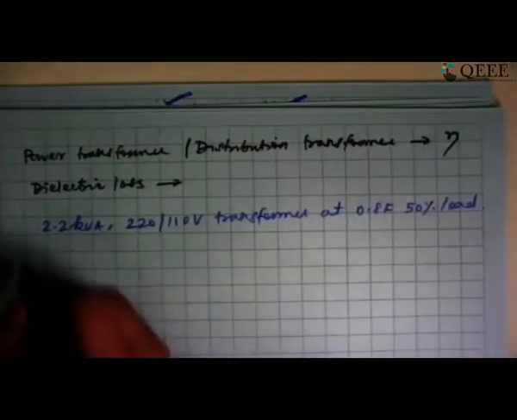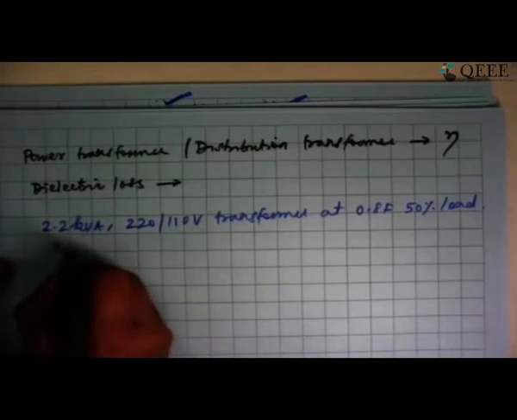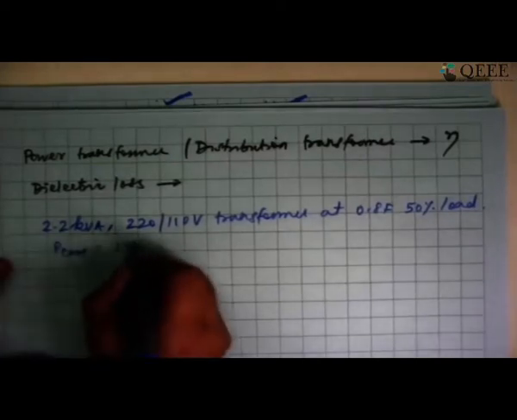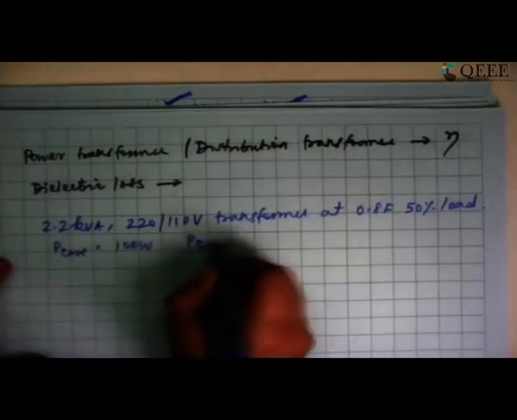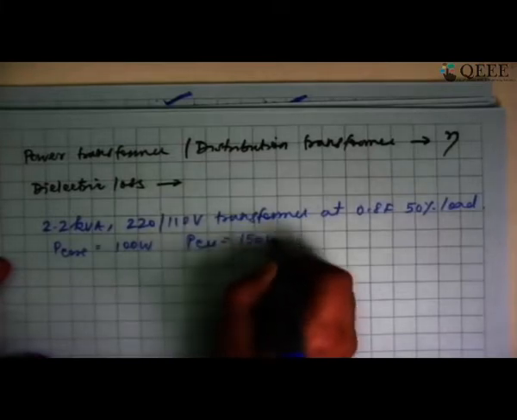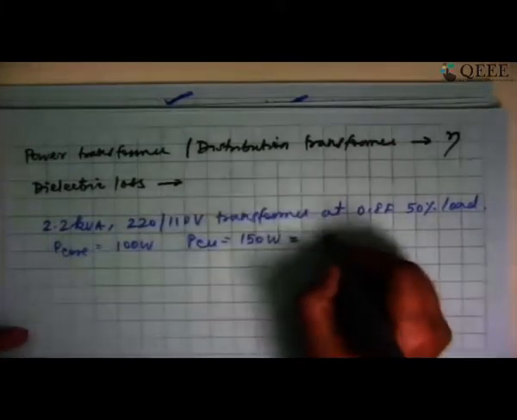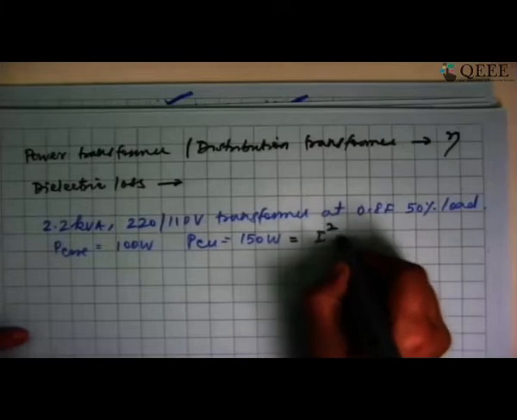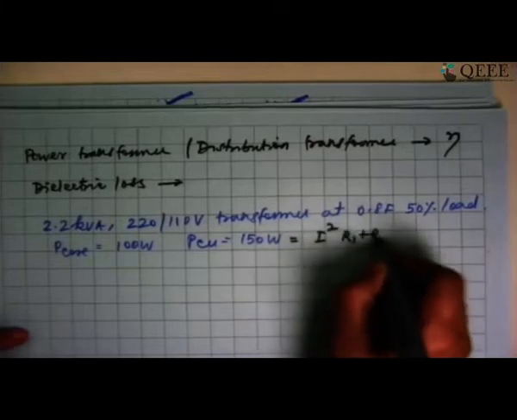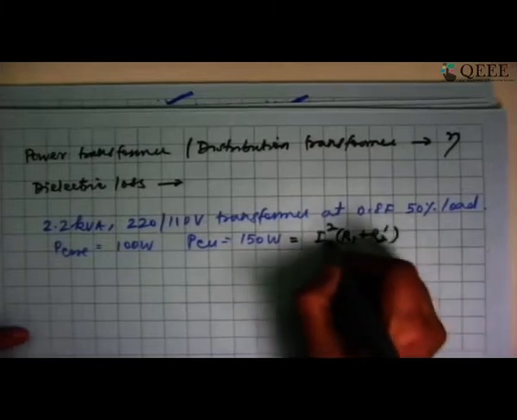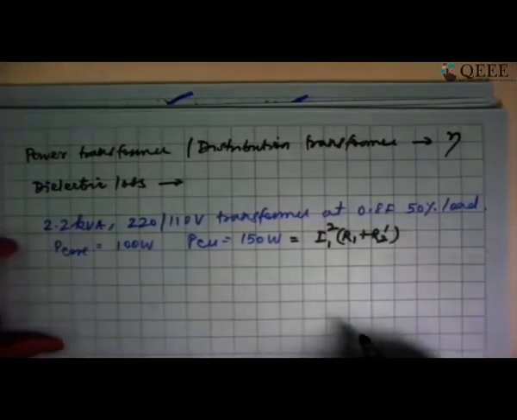And we had given the core loss to be 100 watts and copper loss to be 150 watts. The first thing I would like you to appreciate is that this 150 watts is I square (R1 plus R2 dash). I may call this as I1 square multiplied by (R1 plus R2 dash).